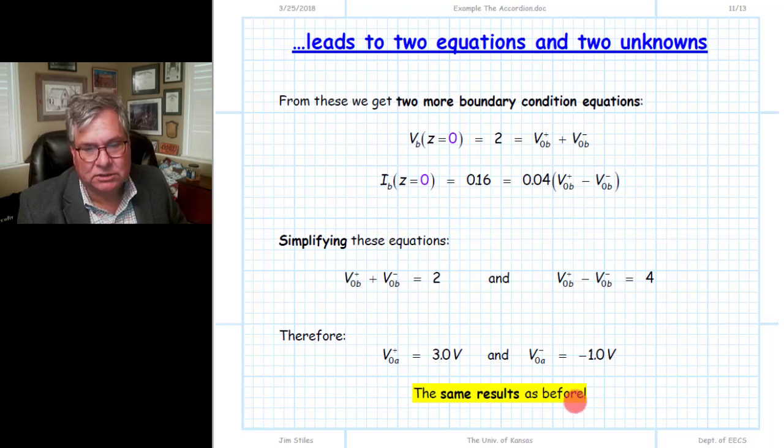That is the same result as we got before in the earlier example for the same problem, where we approached it in a different way using boundary conditions exclusively.